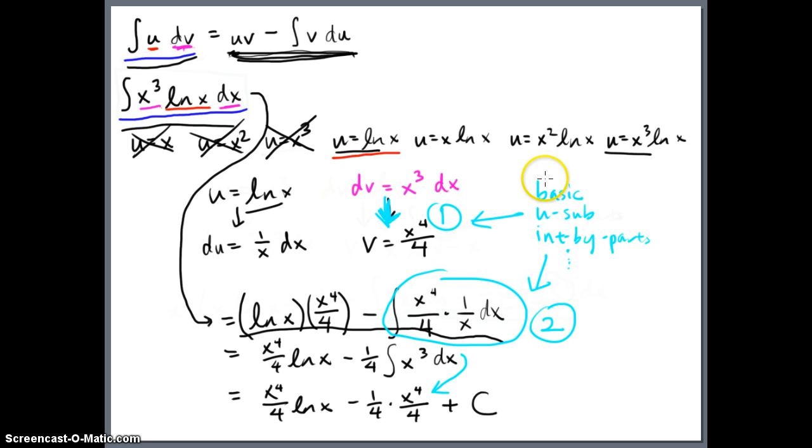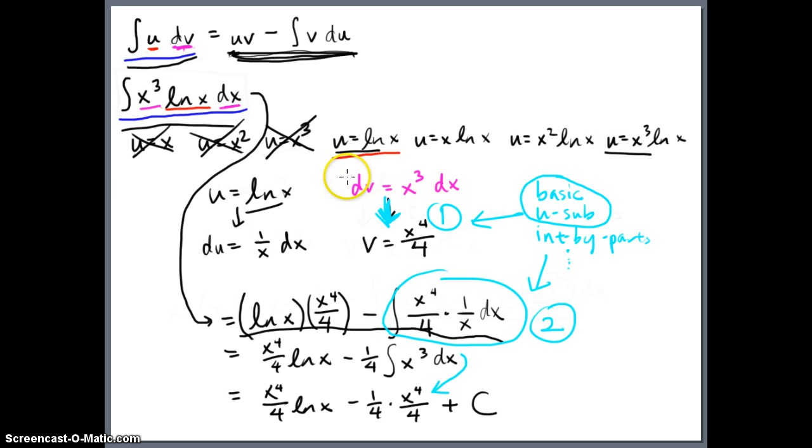So really the whole point is these are the old techniques from 207, and you really need to be sharp on those, so that when you see this setup, what Dr. Kim thinks is going to be a doable integral over here might be different than your notion of what integral you can do. So if I set up something for you and I see dv and I think, oh wow, this thing is impossible to integrate, it really better be impossible, and you have to see that quickly so then you can move on to a different choice for u.